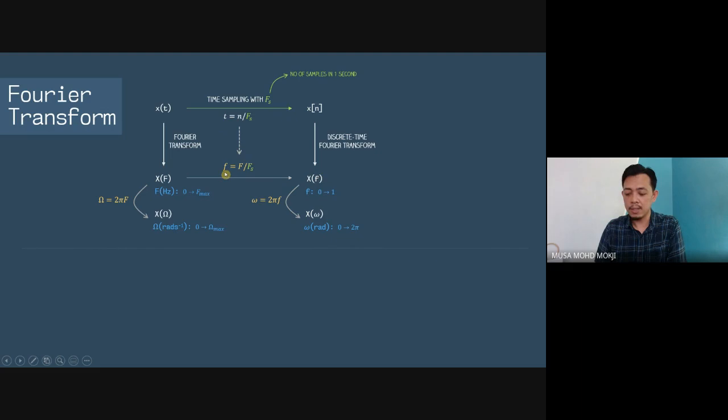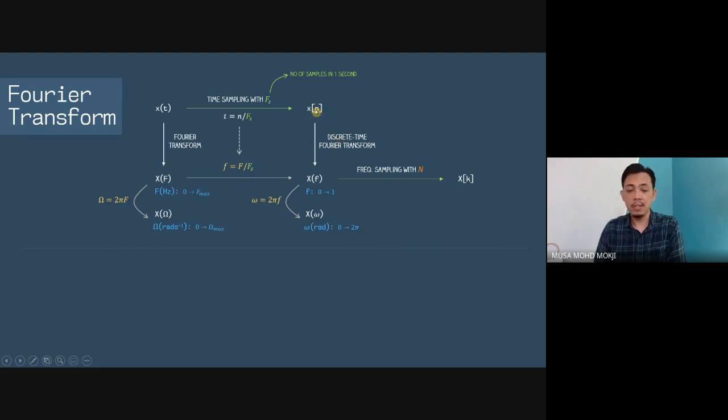If we look at this relationship, capital F is continuous, and this is just divided by some constant, so it doesn't change the fact that small f is not discrete. This is where we need to do frequency sampling so that we will have a discrete frequency. This f, we are going to convert into k, which is a discrete frequency, so then we will have everything discrete.